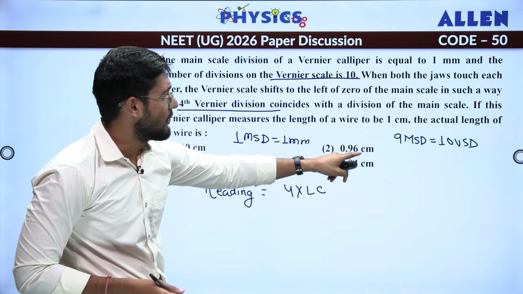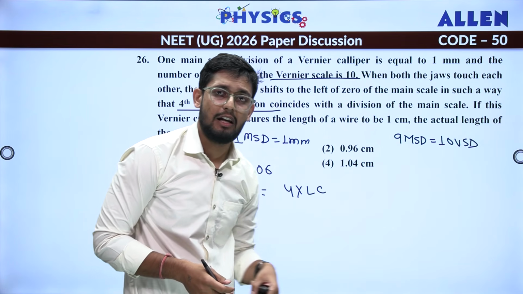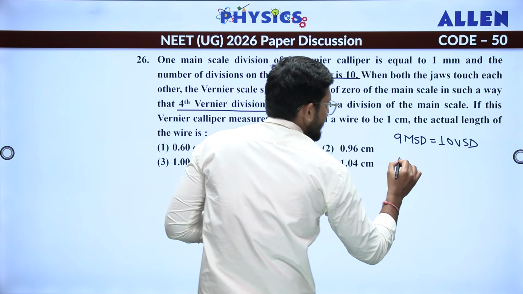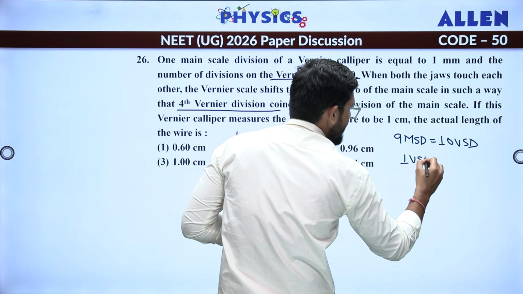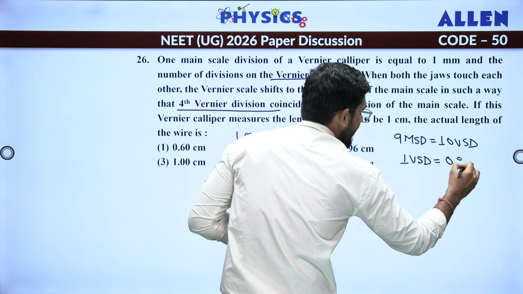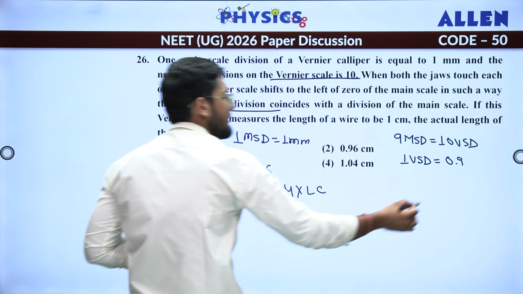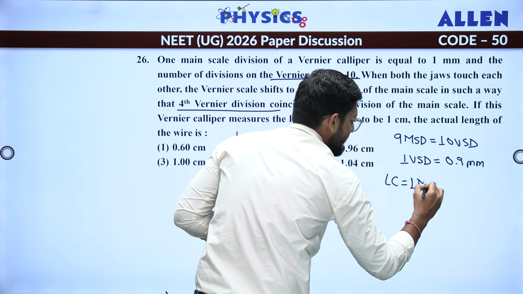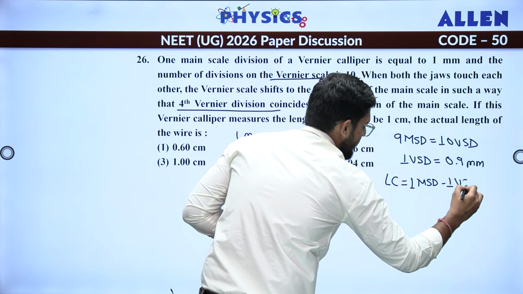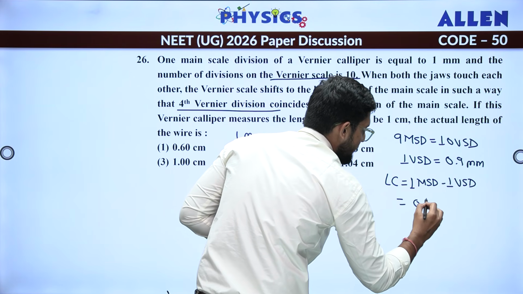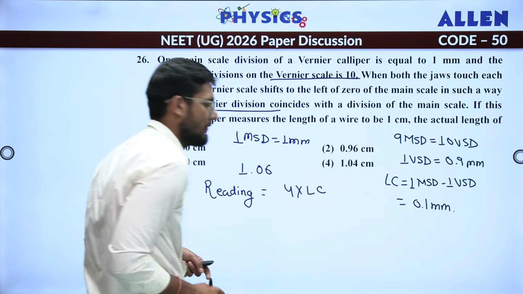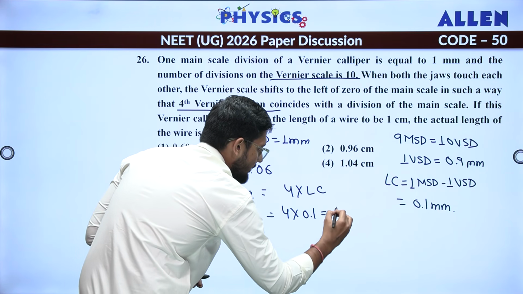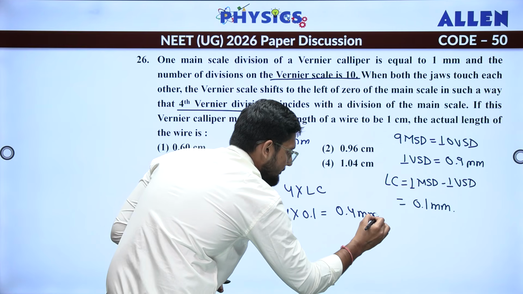Actually, this information is not given to us that 9 MSD is equal to 10 VSD, but this is the default case. So the value of 1 VSD will be 0.9 mm. And least count of the vernier caliper is 1 MSD minus 1 VSD, which is equal to 0.1 mm. So 4 into 0.1 comes out to be 0.4 mm.